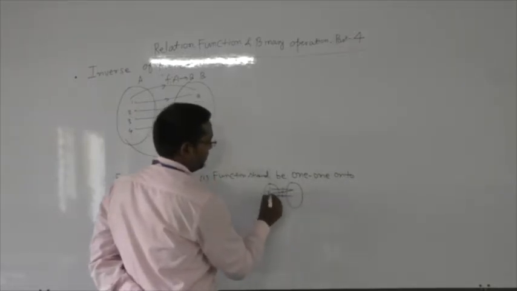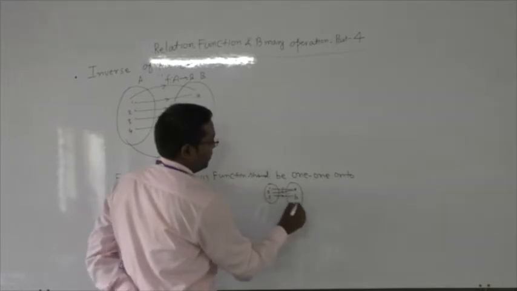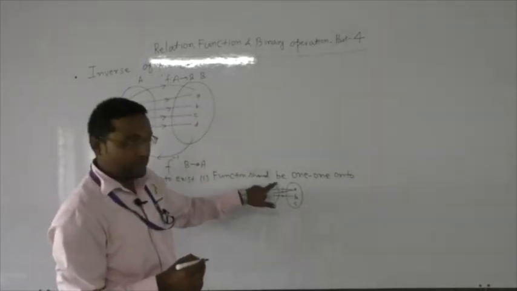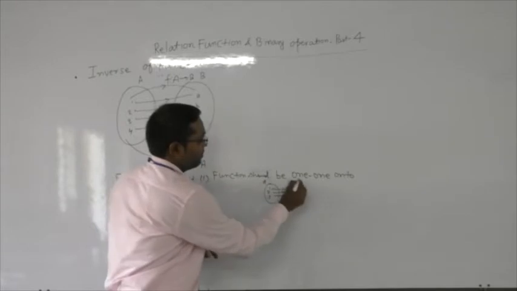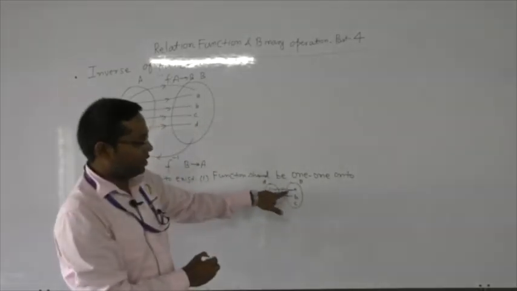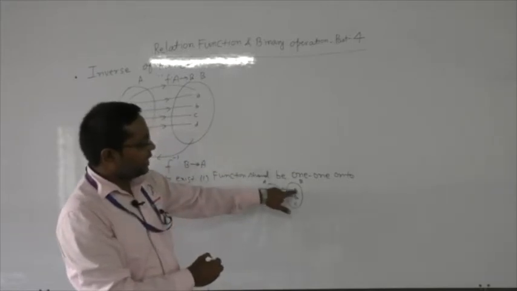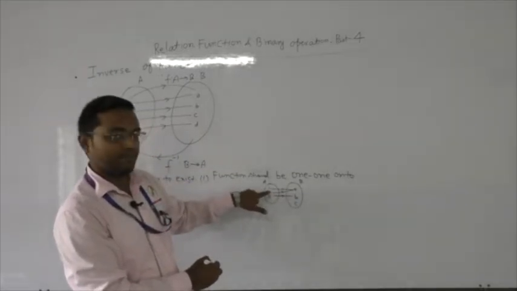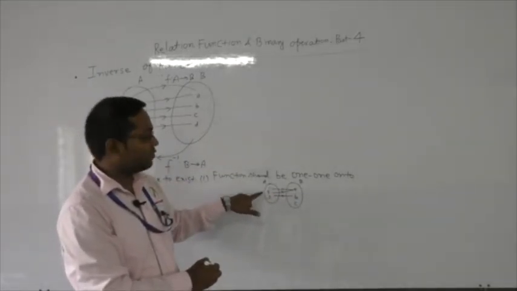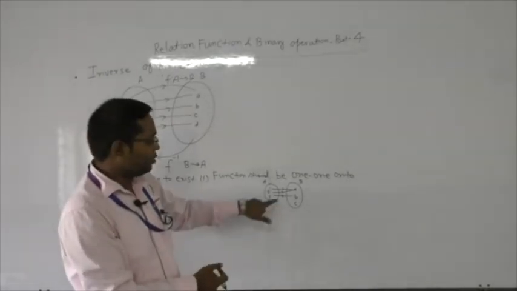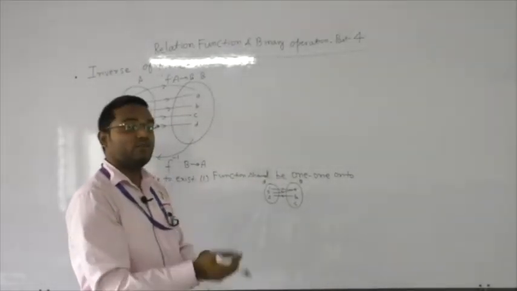If we define the function from A to B, okay, this will become one-one. This function will be defined. If we are defining from B to A, the element will have 2 images, and that is not valid in case of a function. Okay, so the function should be one-one, and why should it be onto?